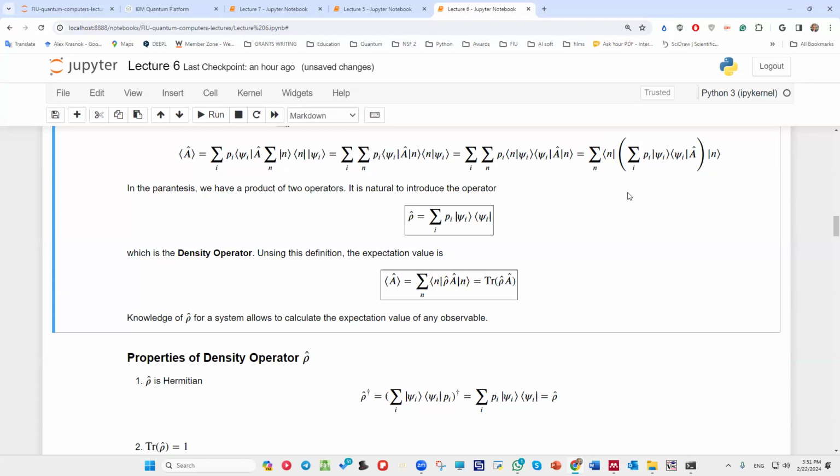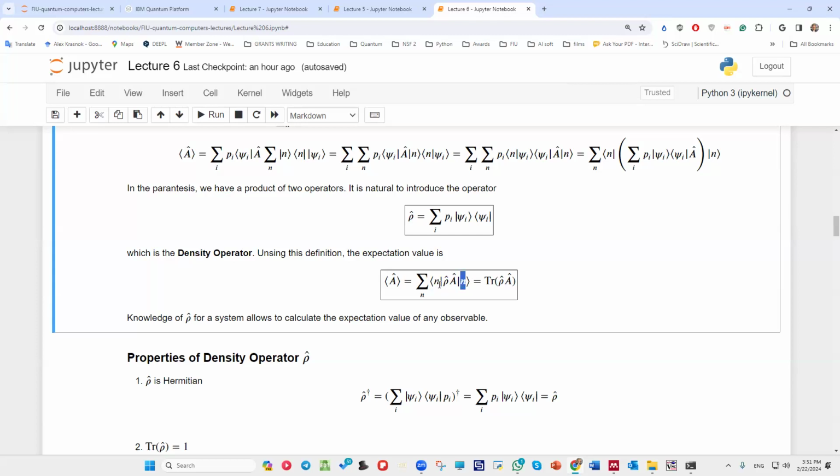So now I know that the product of two operators is just another operator, right? And I can represent this operator in a matrix form. And writing this expression like here is nothing but taking the diagonal components, because these coefficients are the same, right?